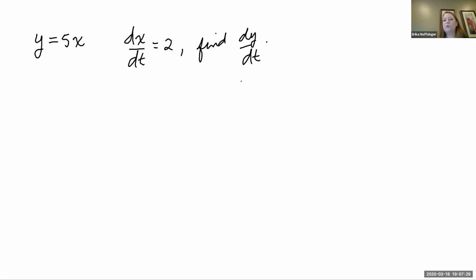Okay, so we want to find the derivative of y with respect to t. We have that y is equal to 5x, right? And so, just like we were doing before, we're going to take the derivative of both sides. Remember, in this case y is with respect to t and x is with respect to t.